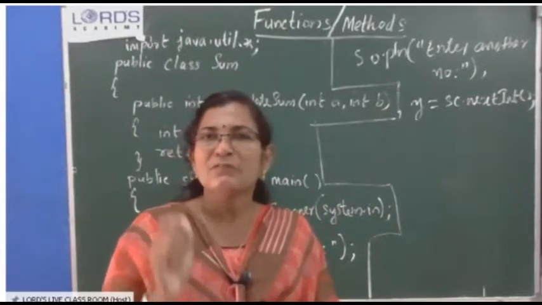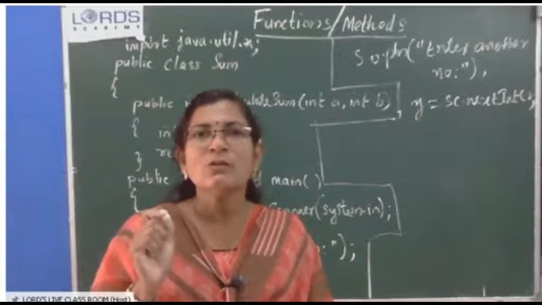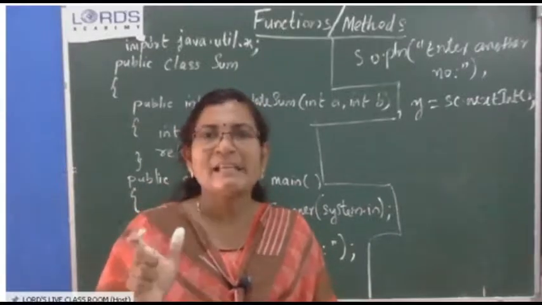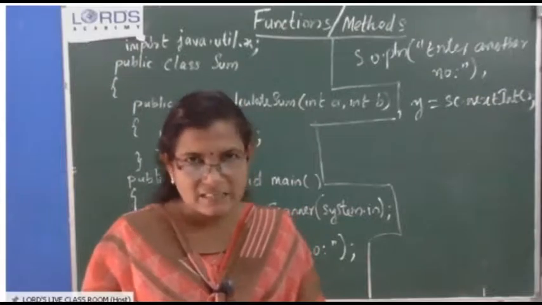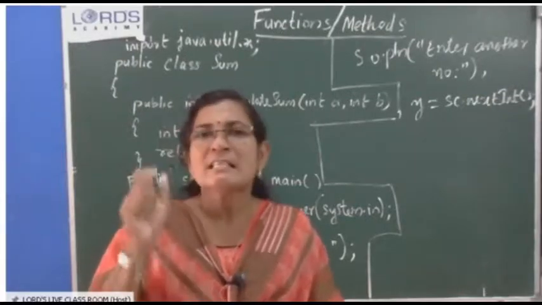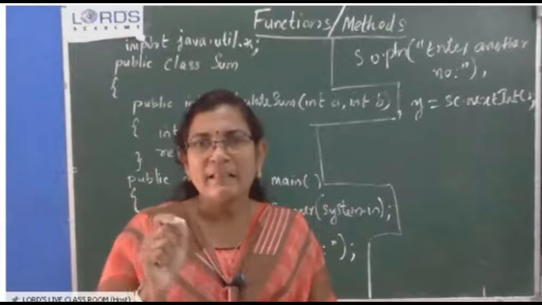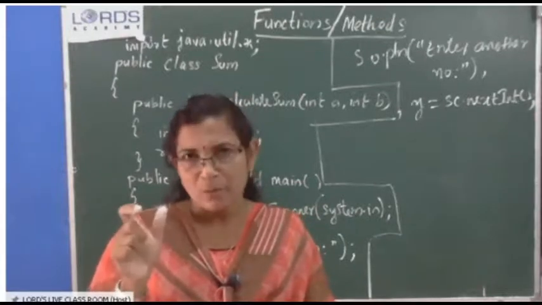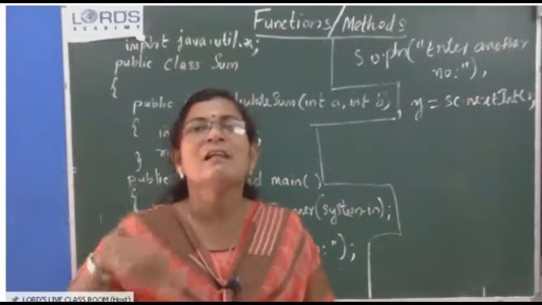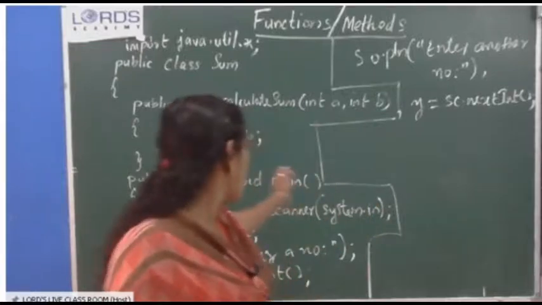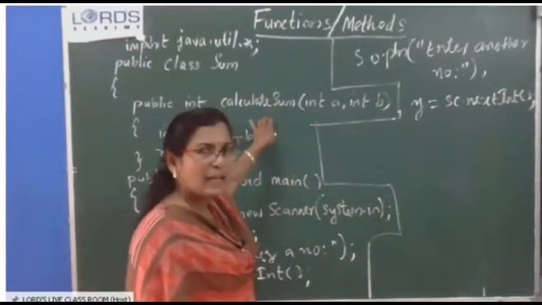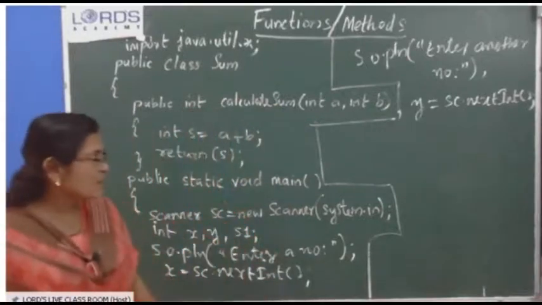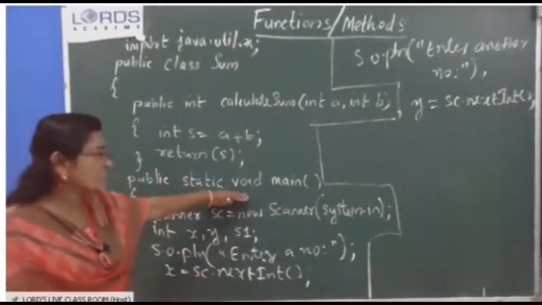Immediately after compiling the class, on right clicking the compiled class icon, you will be able to see the main method in the pop-up menu. So select the main method from the pop-up menu. Through the main method, we will create the object of the class and call, activate or invoke the calculateSum method.